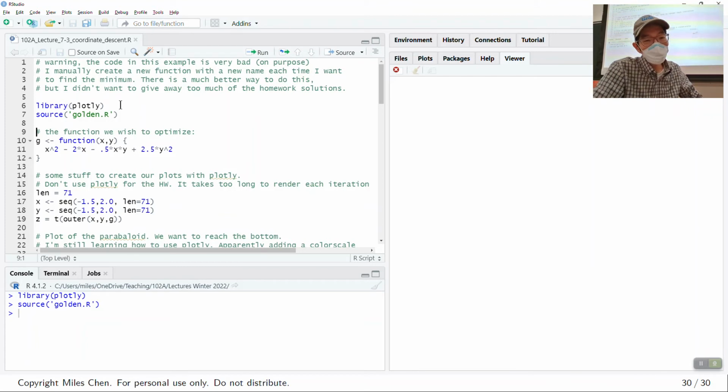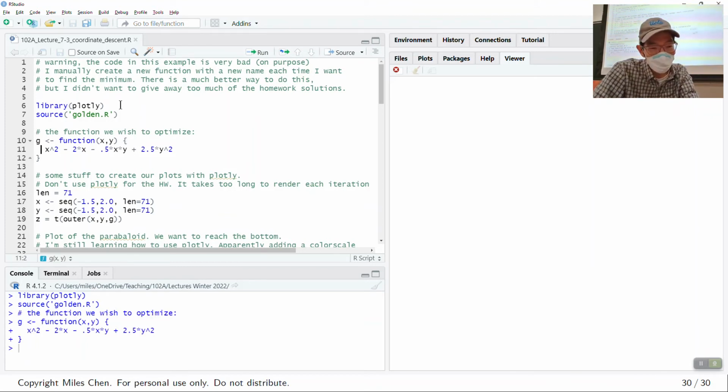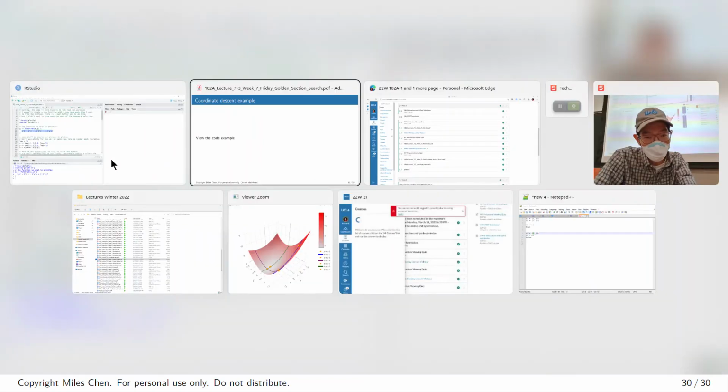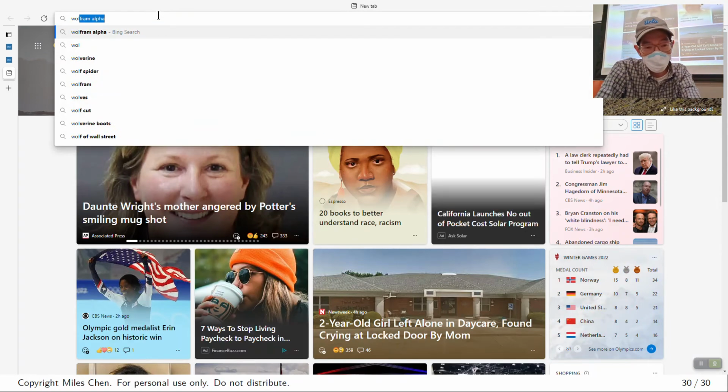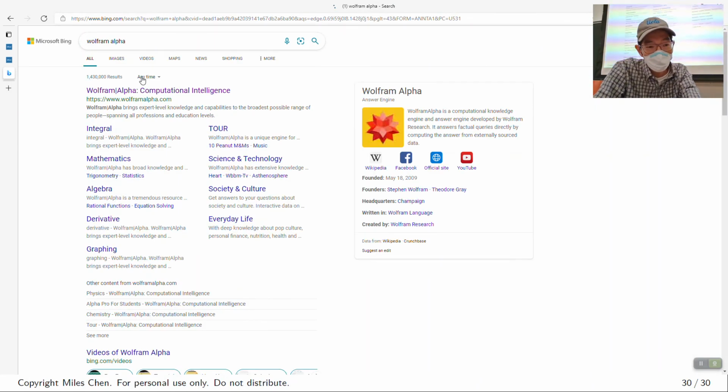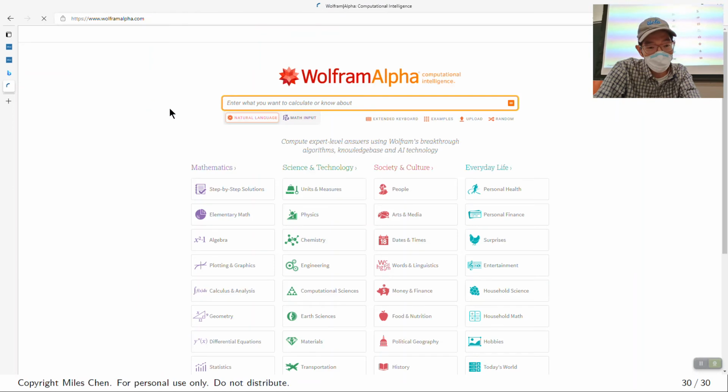This is going to be the function that I want to minimize. The function I want to minimize is x squared minus 2x minus 0.5xy plus 2.5y squared. And let me go to Wolfram Alpha.